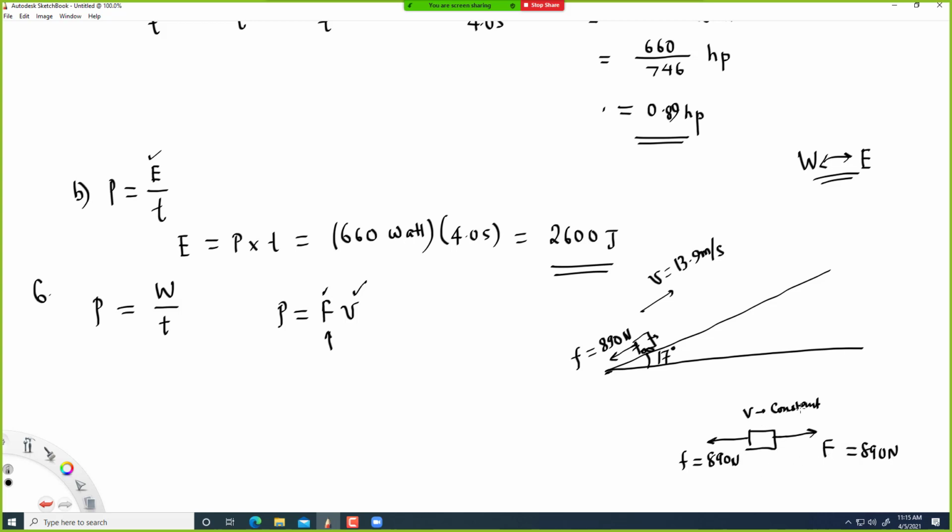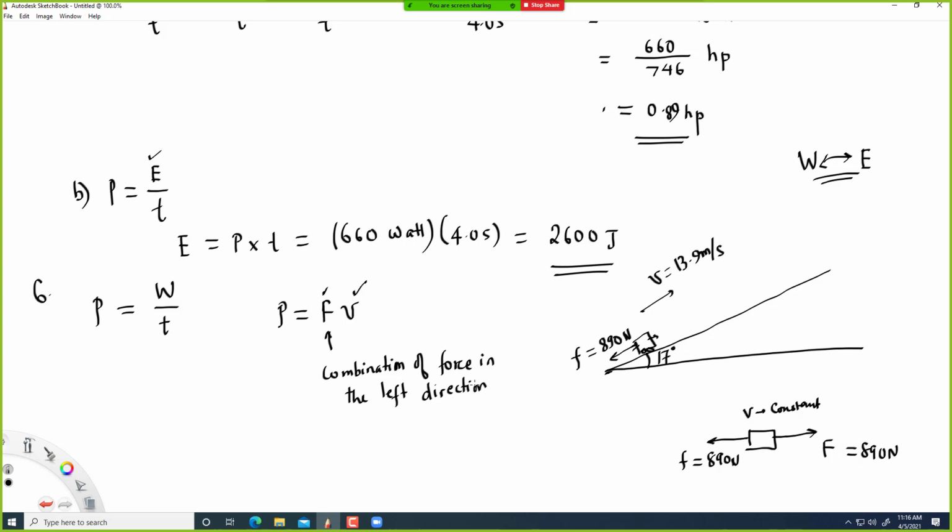So same force to keep it at constant speed. So this force would be a combination of force in the left direction.